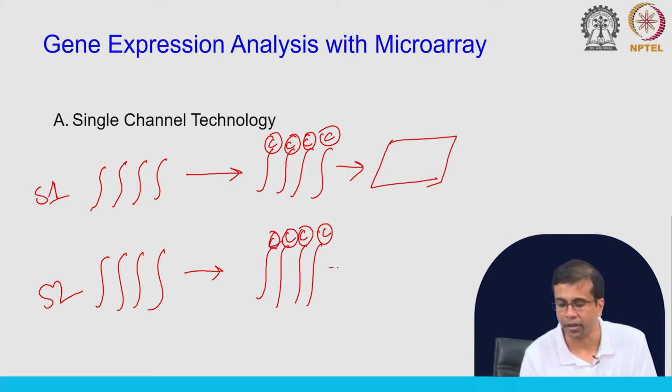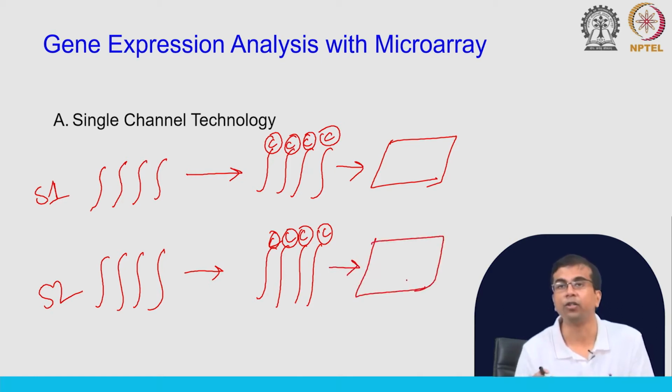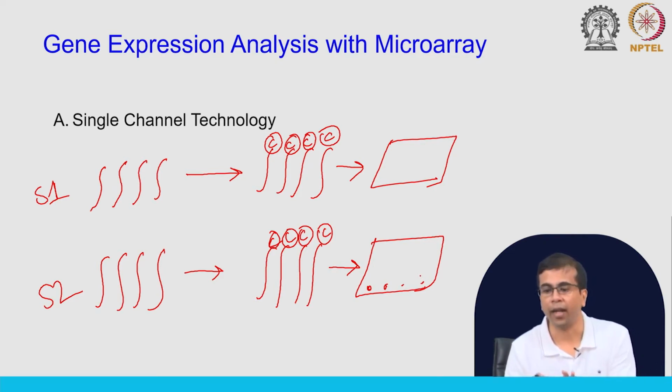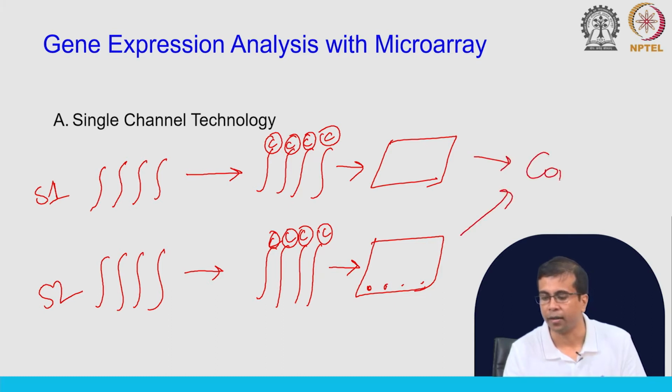There is no mixing; they are hybridized separately on two different chips, and we measure the signal coming from these different positions that measure expression levels of genes in these two samples. So, we get independent values and then we can compare. This is the bioinformatic part where we actually compare the expression levels.